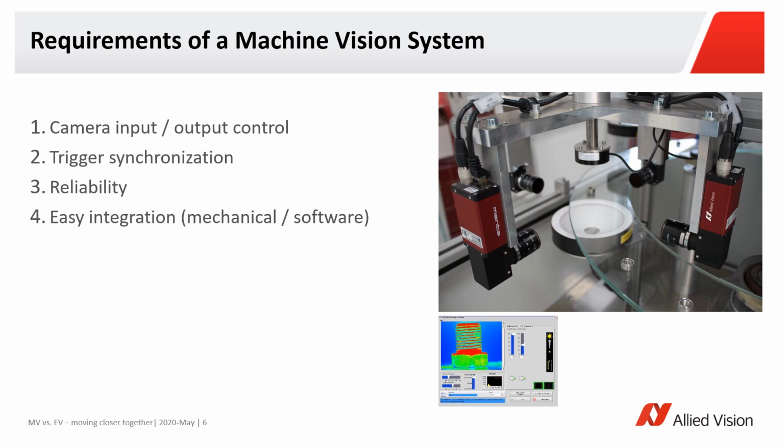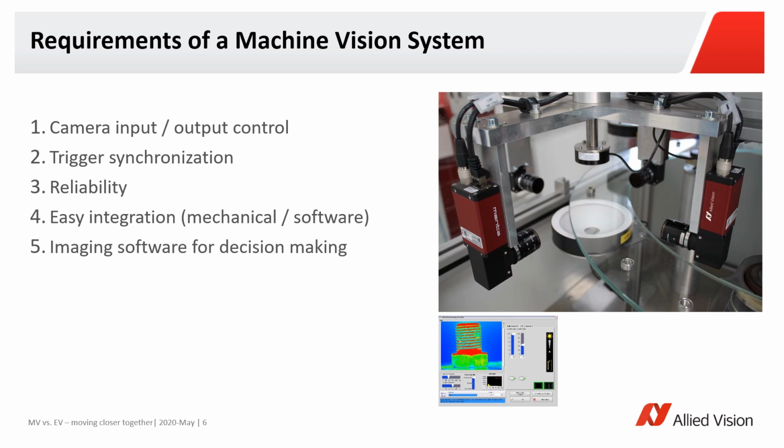But also on the software side, of course, that the SDK works with various operating systems. It works together with various image processing software, so that really a production line can be built quickly and easily, and as little work as possible is necessary.